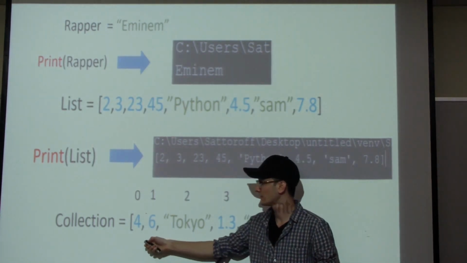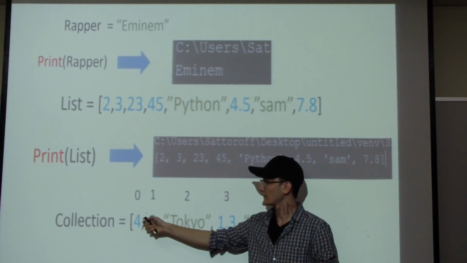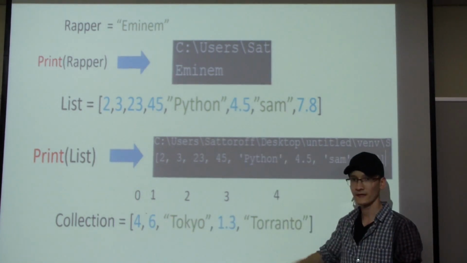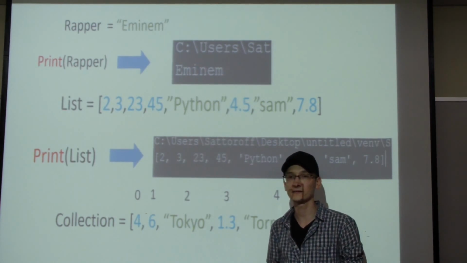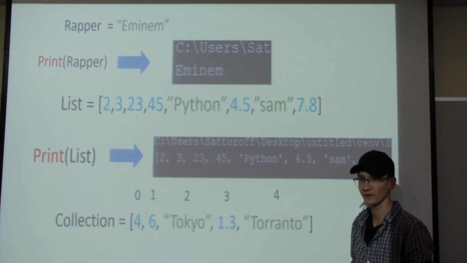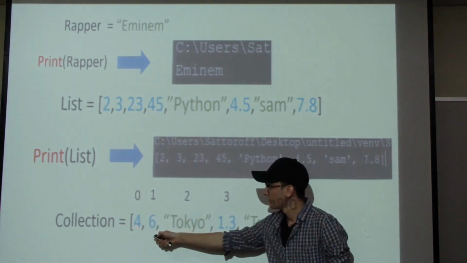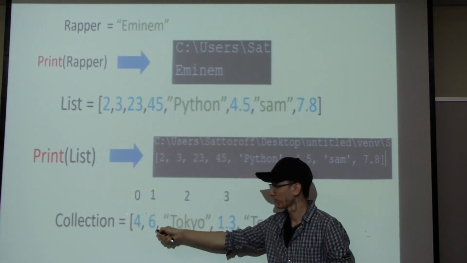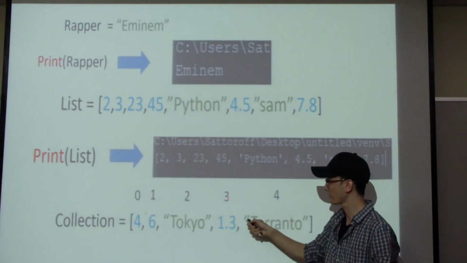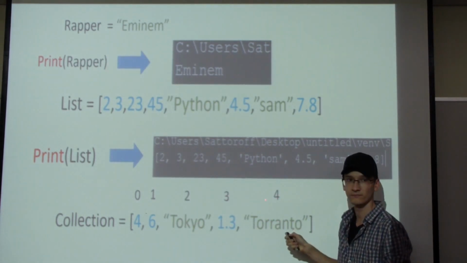From the beginning, it will take 0. It will begin from 0 till the end. It depends on how many values we have in the list. 4 is 0, 6 is 1, Tokyo is 2, 1.3 is 3, Toronto is 4.